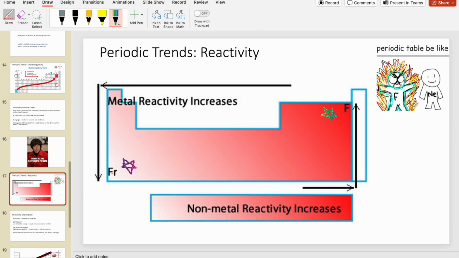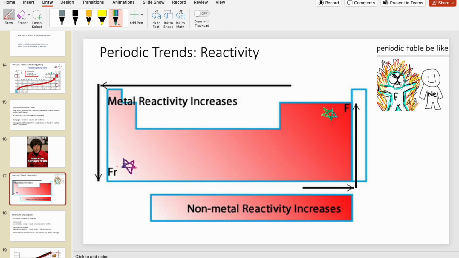So moving on to reactivity. There are two places on the table for it: the bottom left and the top right. Basically, reactivity has to do with moving electrons. And if your electrons are either easy to leave or easily attracted to the atom, you get a movement of electrons which causes reactions.